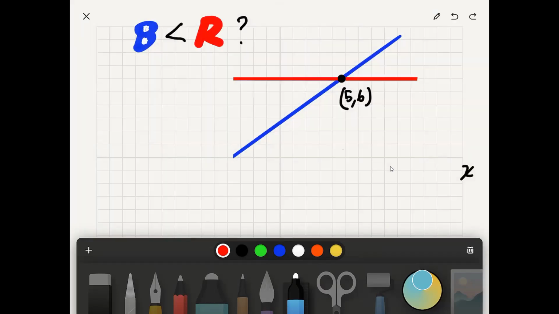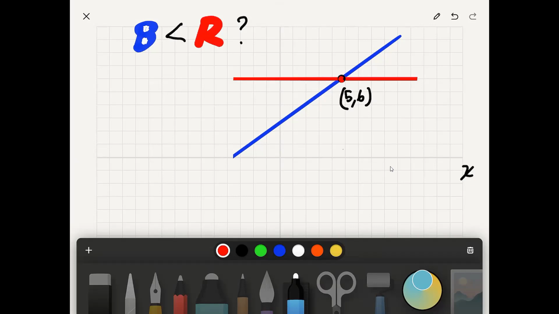Now, conversely, if I were to say, where is the blue line less than the red line, it would be going the opposite direction. So here's where they're equal. Here's where the blue and red line are equal. But when we go to the left, even the slightest bit left of 5, the blue line is now below the red line.